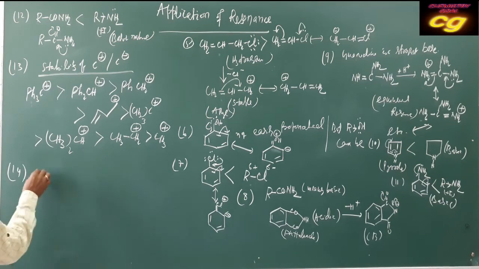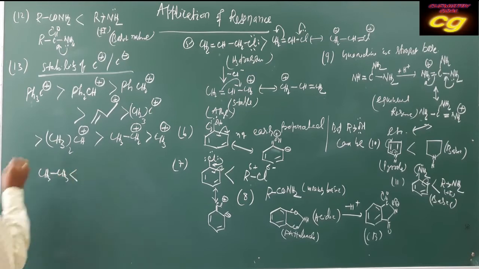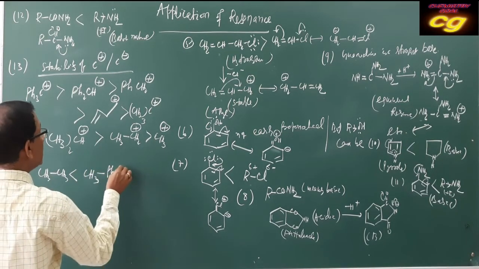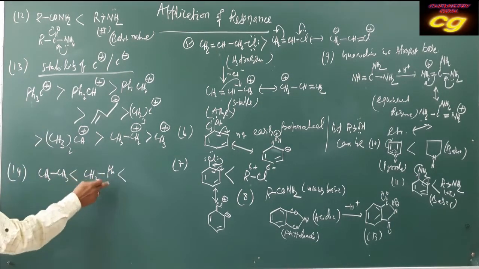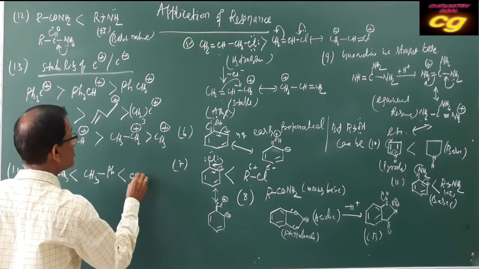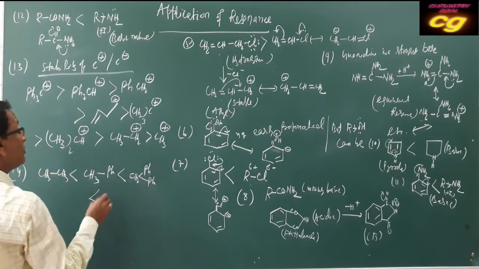Acidic character, if you compare: CH4 is less acidic, then more acidic CH3Ph, then CH2Ph2, and CHPh3 is also highly acidic.